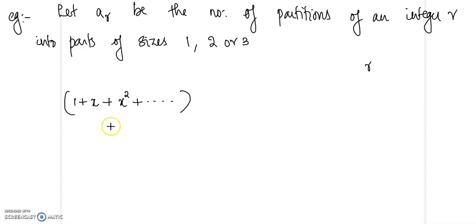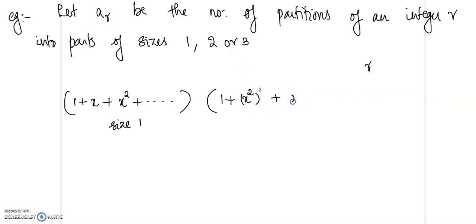So these are the terms which represent the parts of size 1, and then we need to represent the parts of size 2. 2 can appear 0 times, so that is represented by 1. 2 can appear once, so for that we are going to use x squared. So if 2 appears once, the first power of x squared will come.